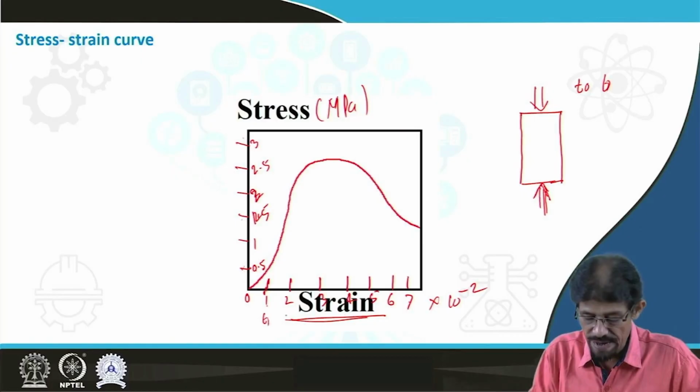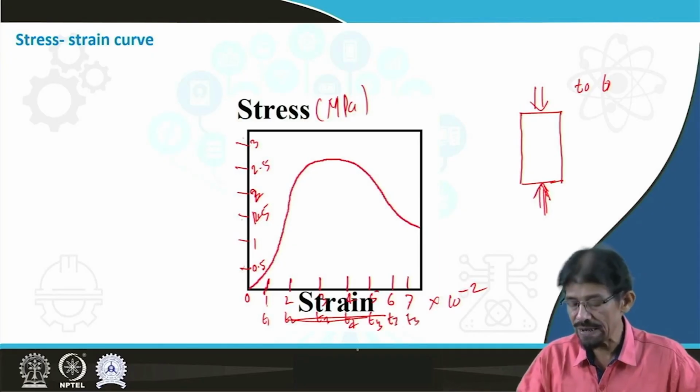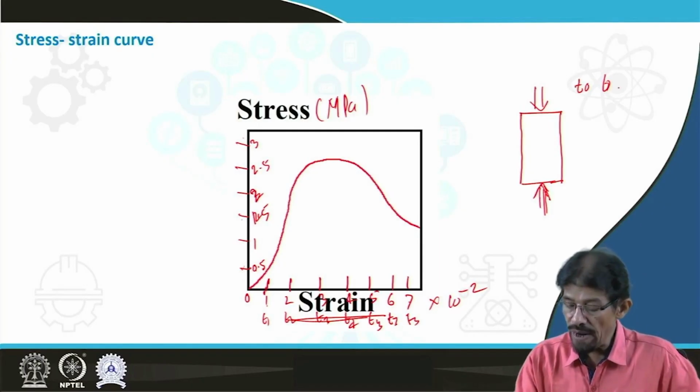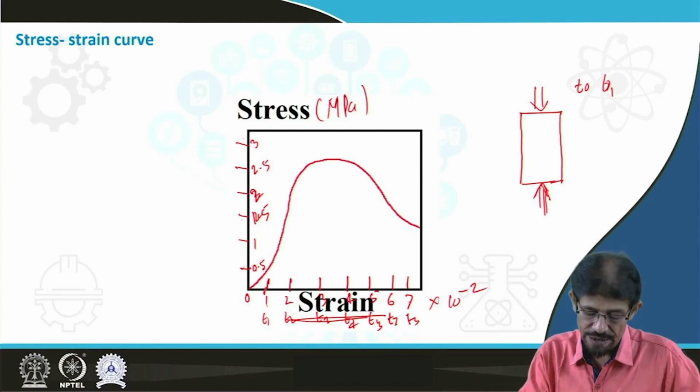Here t1, t2, t3, t4, t5, t6, t7 is like this. So at time t1 we are going to apply 0.5 MPa load. Then with respect to the 0.5 MPa there is an increment in strain.